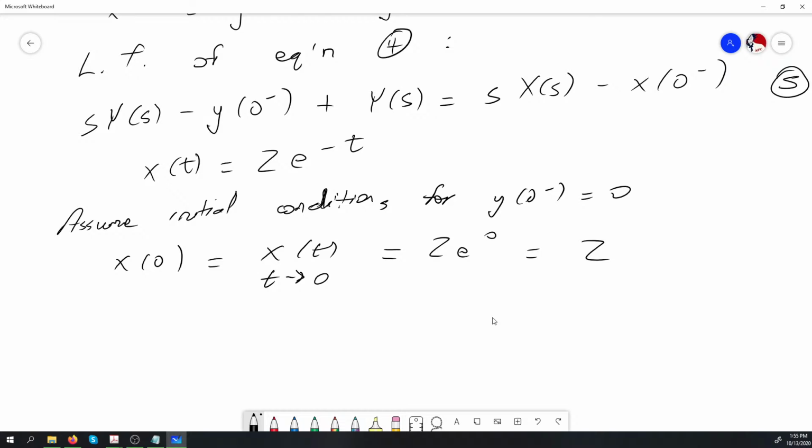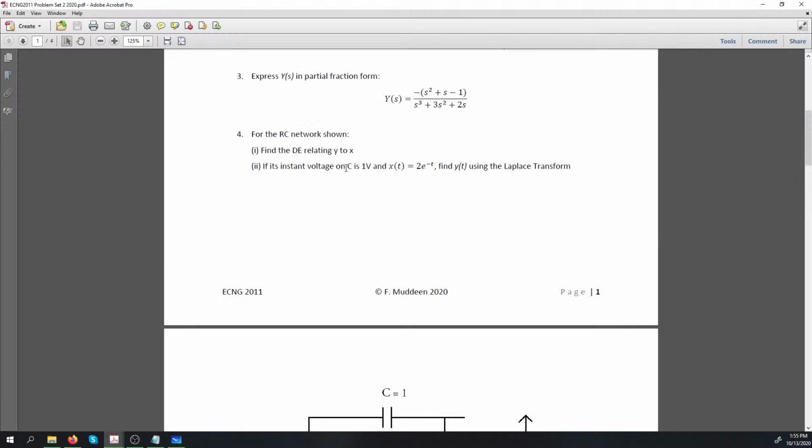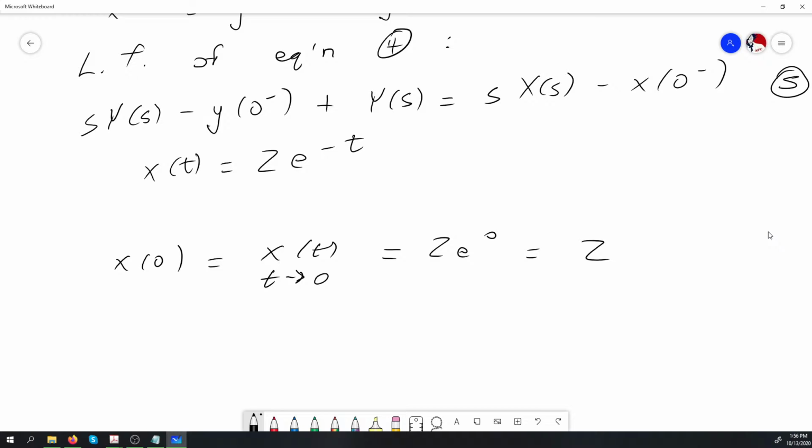Because of this, we also can't assume an initial condition for y naught, because we also had the voltage across the capacitor. We can't assume those initial conditions for y naught because of the x naught condition. This is true because the question gave us the instant voltage on the capacitor being 1 volt. So we need to factor this in for our y naught. We can't make that assumption because of that initial voltage, which I initially forgot about.